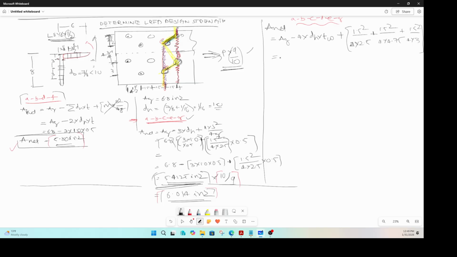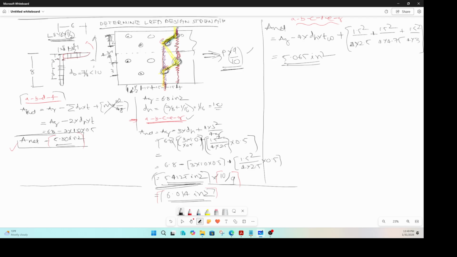So if you do that, you find out that your area is 5.065 inch square. Okay. For this path, you don't have to bump up your load because it is cutting this, that, and that.